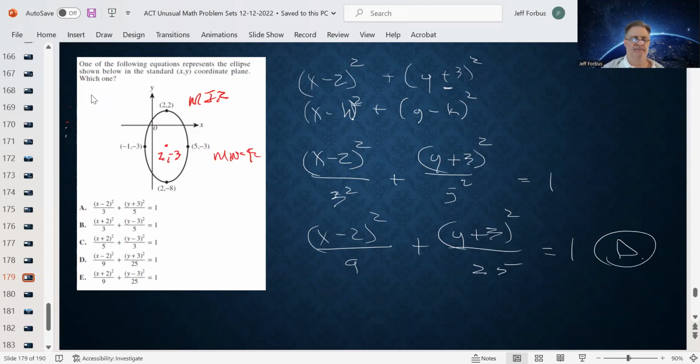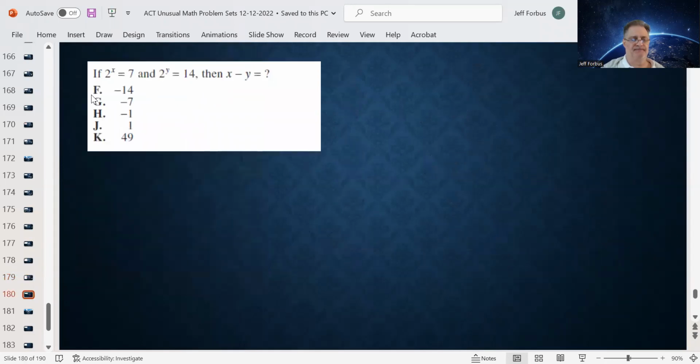Okay, one more question. This is a pretty neat question. And they say if 2 raised to the x power is 7 and 2 raised to the y power is 14, then what is the exponents x minus y equal to? So it's very important to realize we're dealing with the exponents.